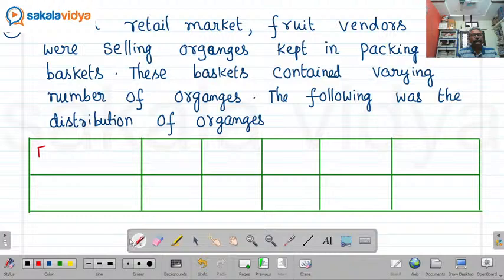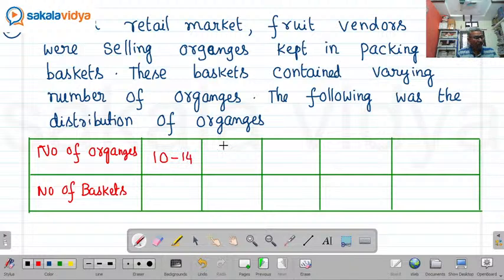Number of oranges: 10 to 14, 15 to 19, 20 to 24, 25 to 29, 30 to 34.